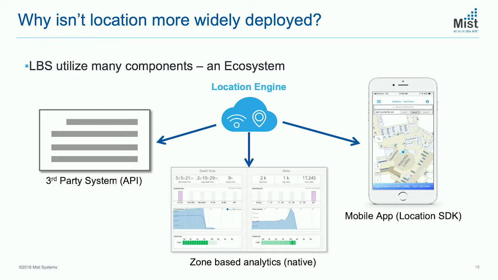But if you want to deploy wayfinding, you need a mobile app. If you want to do real estate optimization, you need to use some sort of third-party app. That whole ecosystem is a hurdle. And I think it will get easier over time, but I see this as the major stopper for a lot of people.